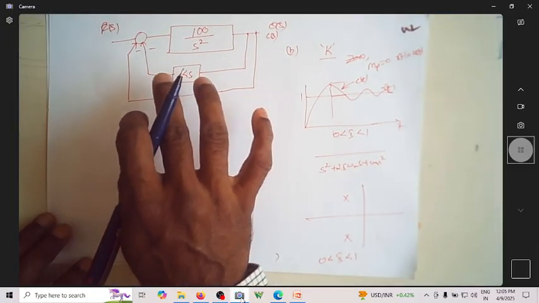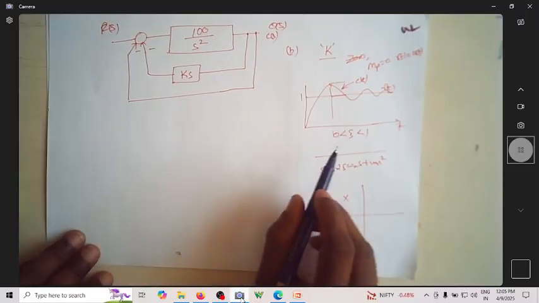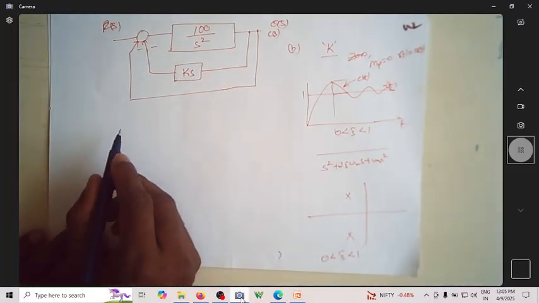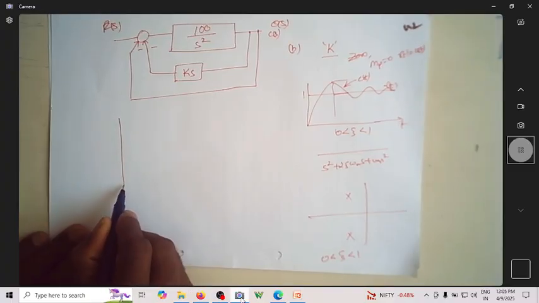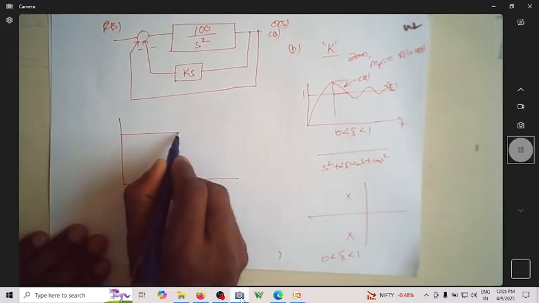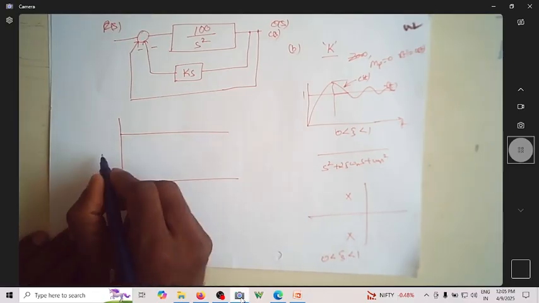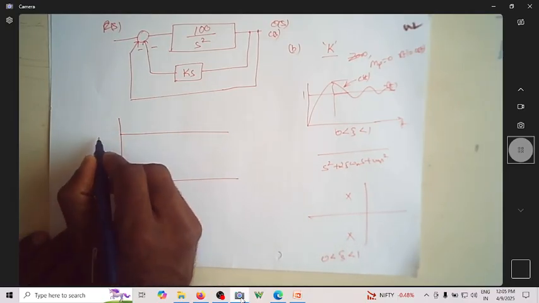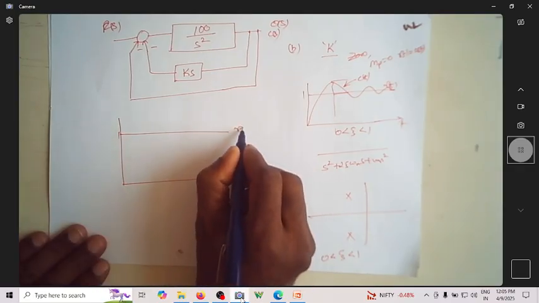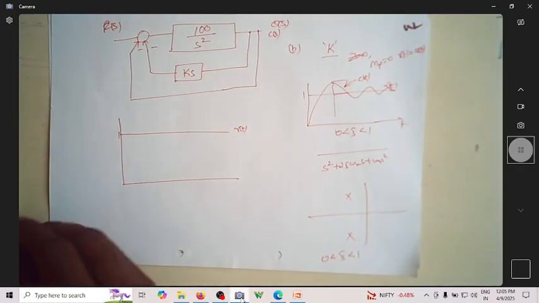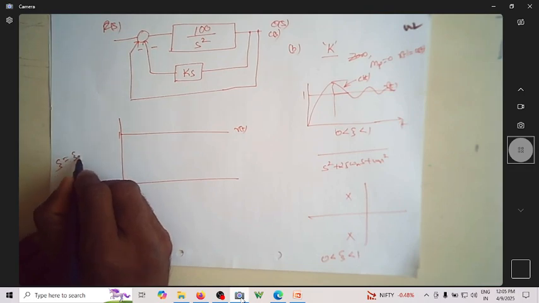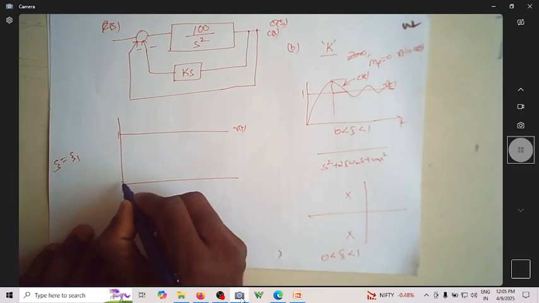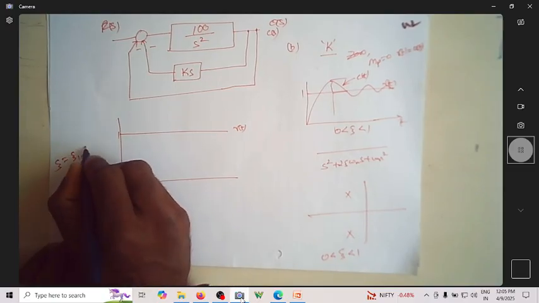Before we go into this problem, let us spend some time on the time response of the system. Suppose you take a second order system with some value of zeta, for a unit step function r of t. If the value of zeta is zeta 1, assume that this results in a response c1 of t.